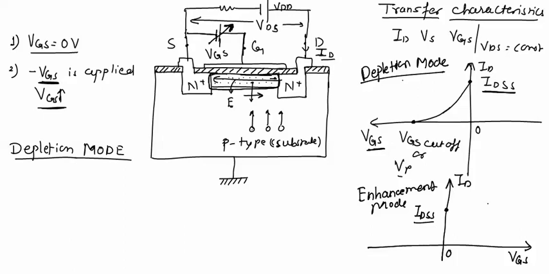Now in the last case we applied negative VGS. Due to this negative voltage, the electron concentration in the channel decreases. But in this case we are applying a positive gate to source voltage. So due to this positive gate to source voltage, the electron concentration in this channel will be increasing.